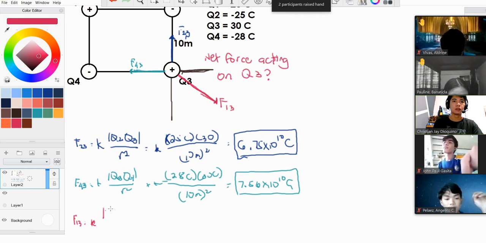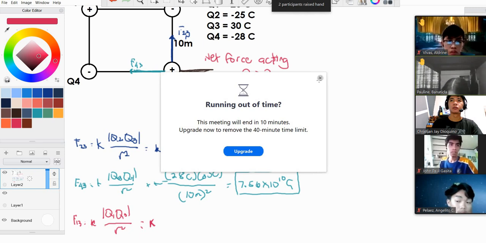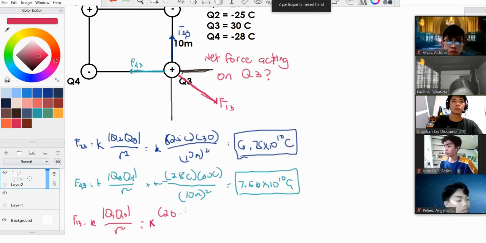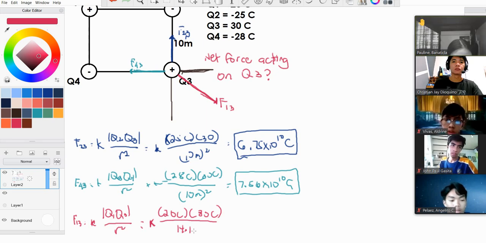F13 po, K, tapos absolute Q1, tapos Q3 over R squared, tapos po, K, tapos times 20 coulombs pati 30 coulombs over 14.14 squared po. Is equal to 2.70 times 10 raised to 10 po.